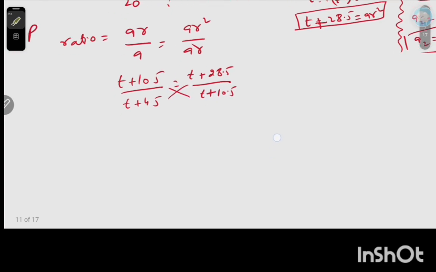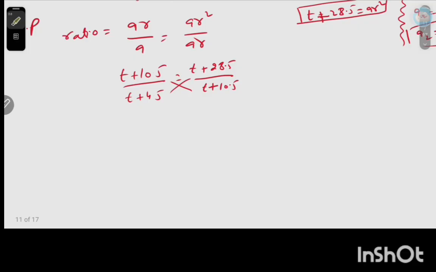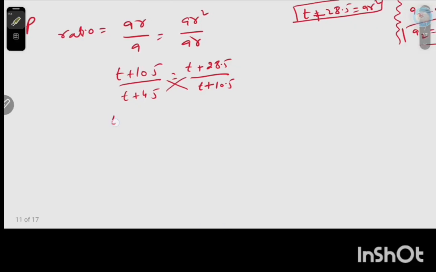Making cross multiplication, I get t square, because this multiplies by this one and this multiplies by this one. (t plus 10.5) squared gives t square plus 21t plus 110.25.